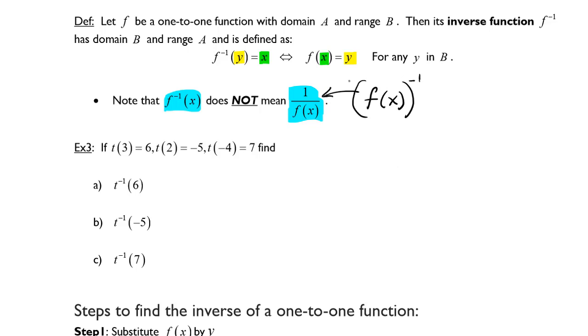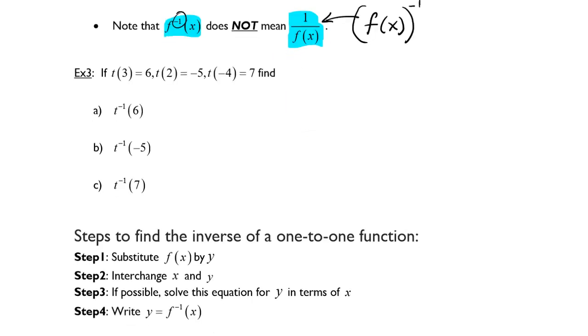That would give you 1 over f of x. Notice this is not the same location for the negative 1, and therefore it does not flip the f of x into the denominator. So given these new rules where we swap x and y, let's look at example 3a.